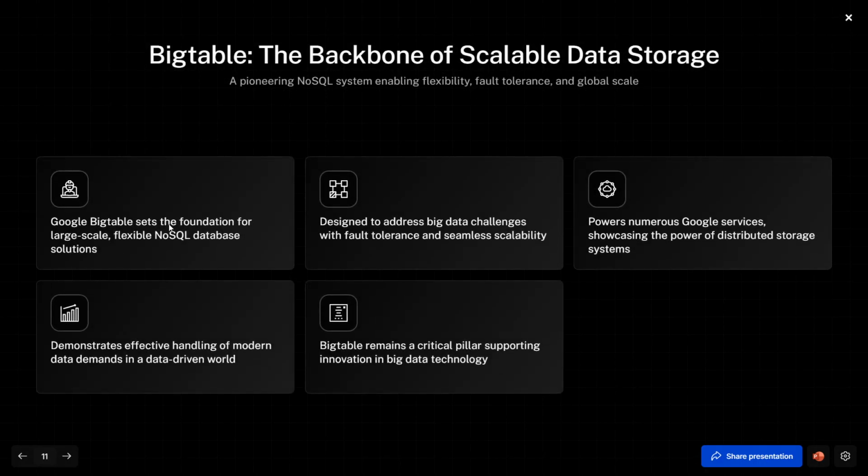Google Bigtable set the foundation for large-scale flexible NoSQL databases designed to address big data challenges, with fault tolerance and seamless scalability powering enormous Google services, showcasing the power of distributed innovation and effective handling of modern data demands in the data-driven world. Bigtable remains a critical pillar supporting innovation in big data technologies.